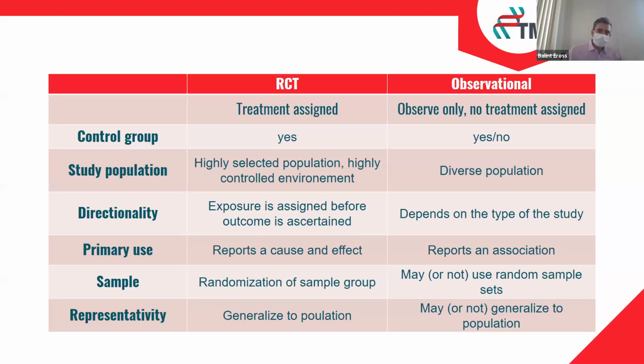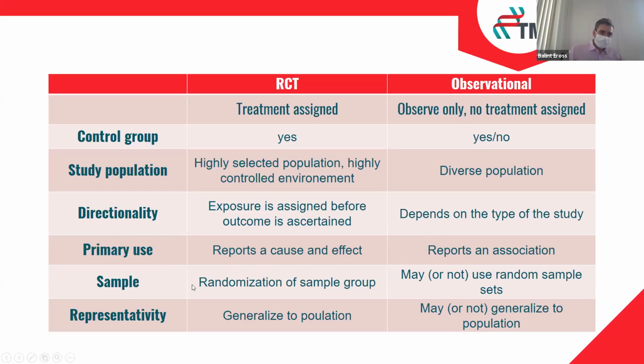This is the only study type that can ascertain that a treatment is causing an outcome or not, leads to an outcome or not. Observational studies can only report on an association between an exposure or intervention and an outcome. So I would say this is the most important message of today's first session.